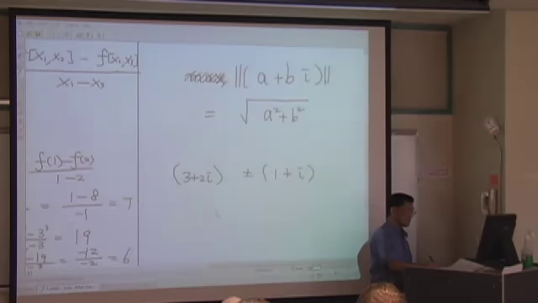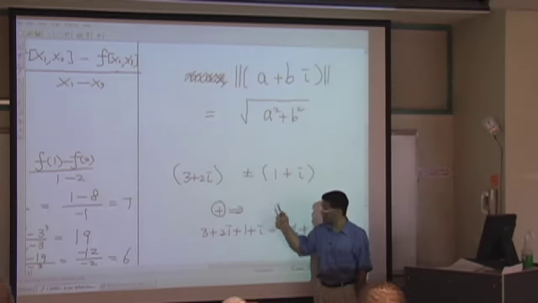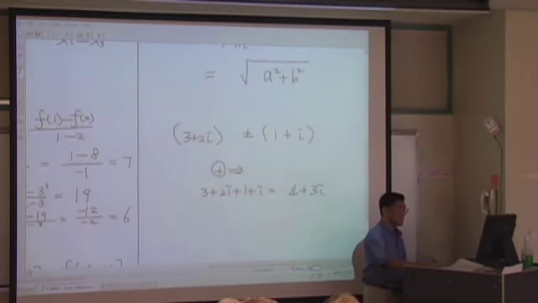separately. If we use the plus sign, then 3 plus 2i plus 1 plus i gives us 4 plus 3i. Do you follow me? This is the plus case. Then what is the magnitude of this one? It is 4 squared plus 3 squared, then the square root of 25, or 5.